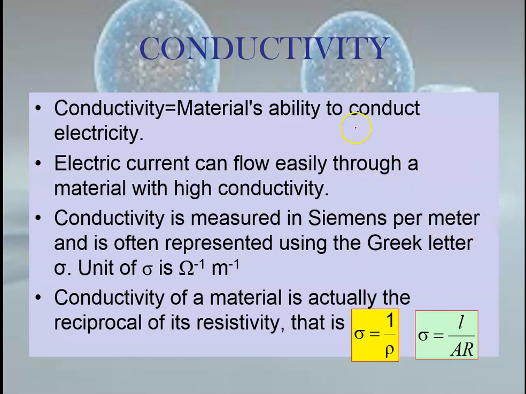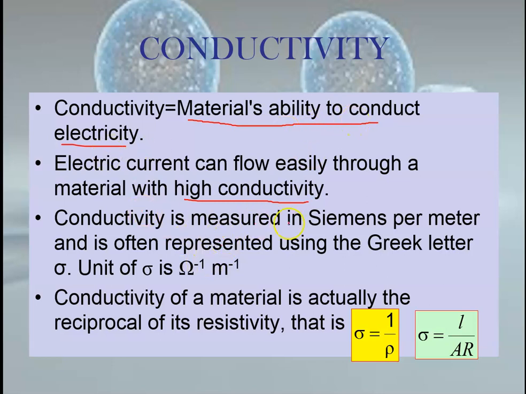Now this is the next term, which is quite similar to resistivity: conductivity. So what is conductivity? Conductivity is the material's ability to conduct electricity. Electric current can flow easily through a material with high conductivity, obviously because it is the ability to conduct electricity.